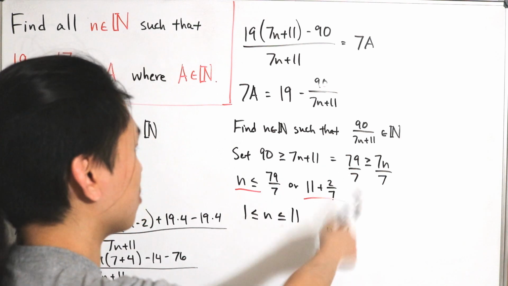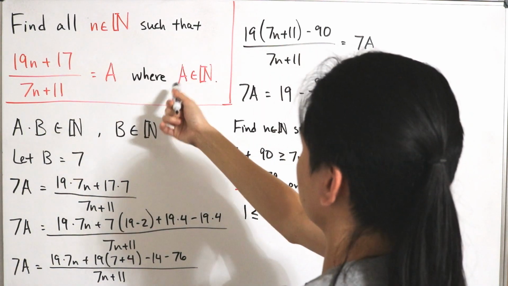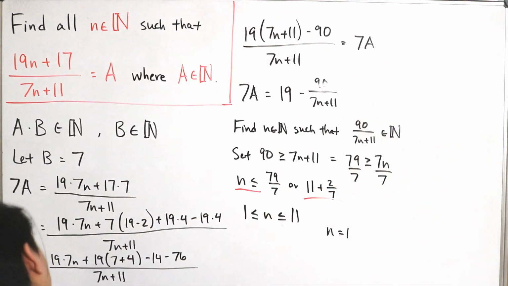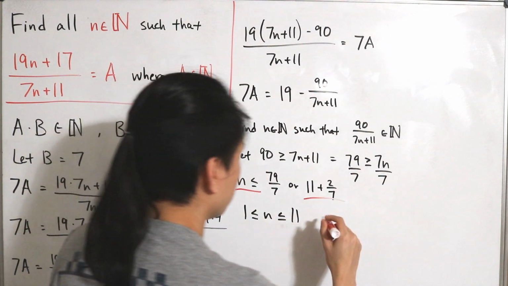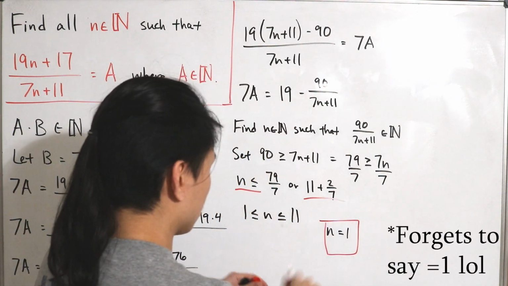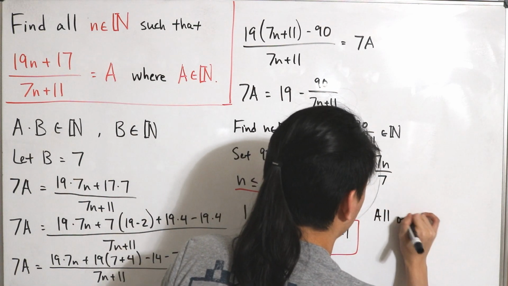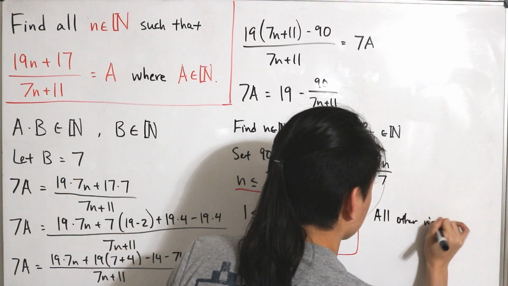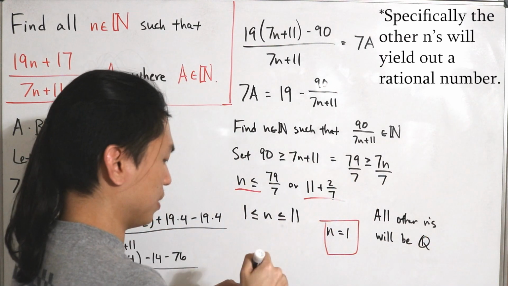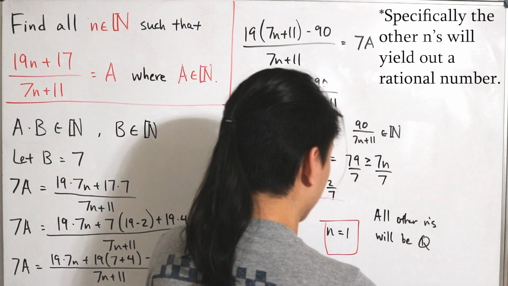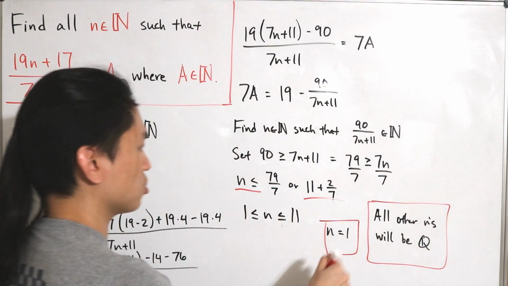We're trying to find a natural number n such that the whole expression satisfies that the right-hand side, capital A, is a natural number. So I'm going to box it. So therefore, our final answer is going to be n equals 1, and then let me write the justification and say that all other n's will be rational. That's a statement that's important to justify over here to see why we have our final solution.